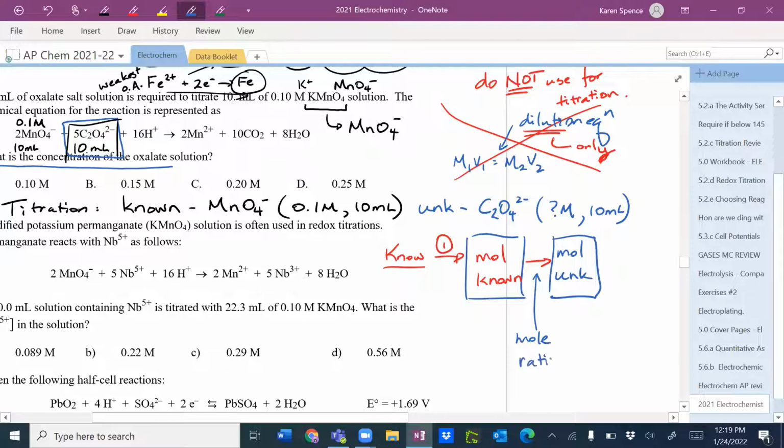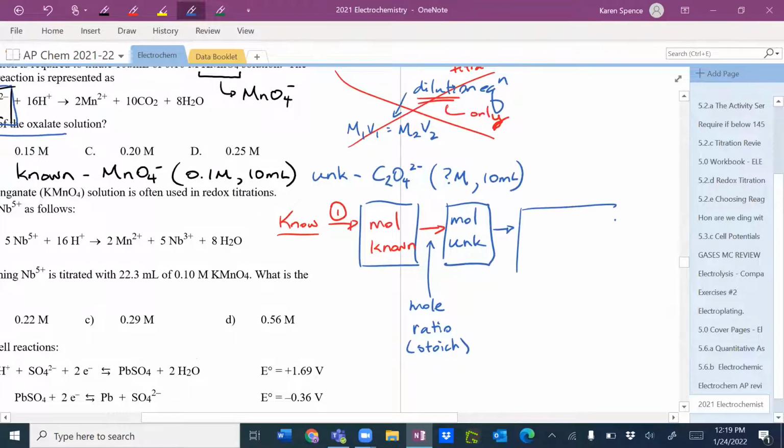This is stoichiometry. And from there, you're just going to find whatever of your unknown you want. You might need to do a conversion, you might need to do a division. In this case, we want to have molarity, which is equal to moles over liters. So once we know our moles of our unknown, we can put that right in there, and then divide by liters.